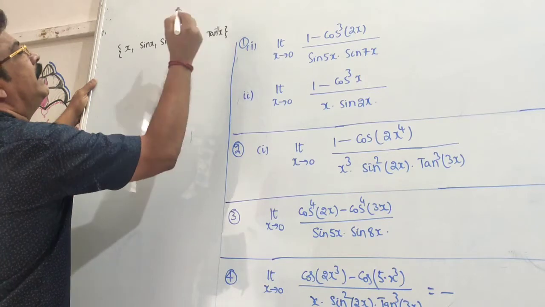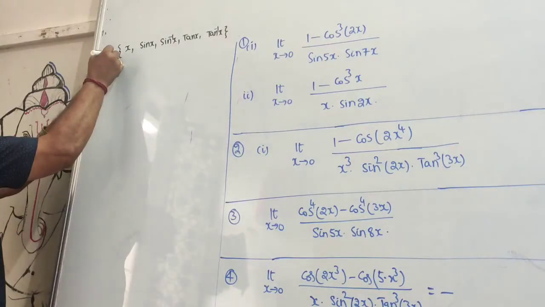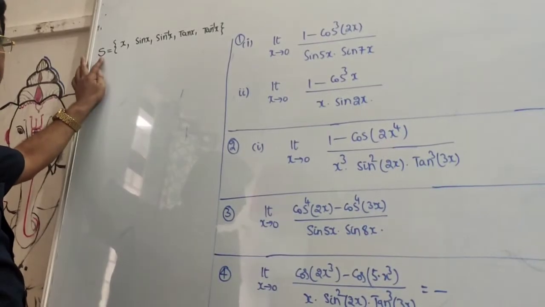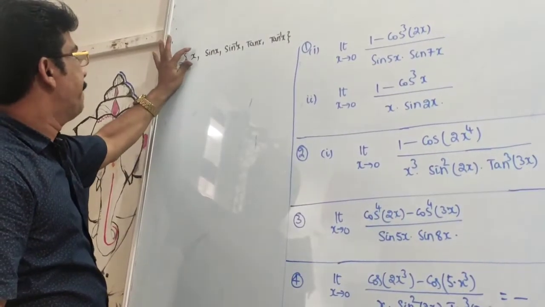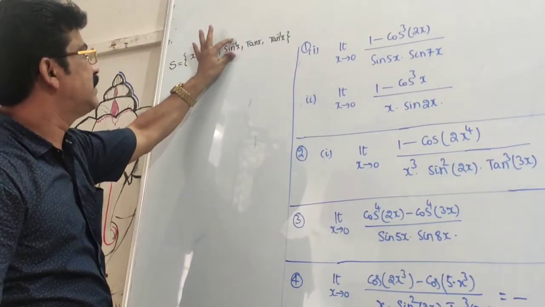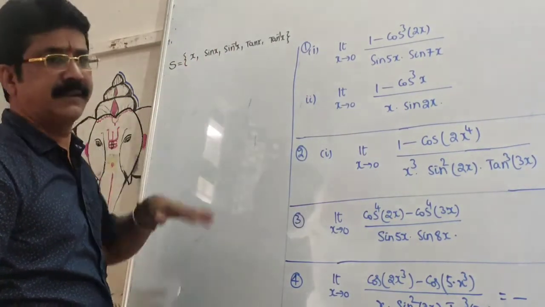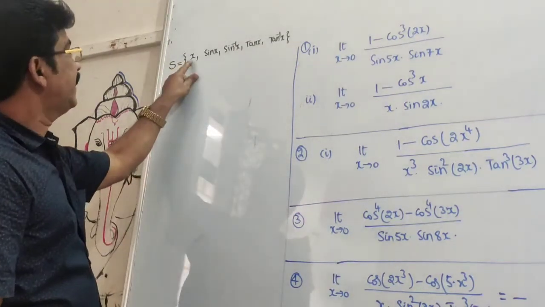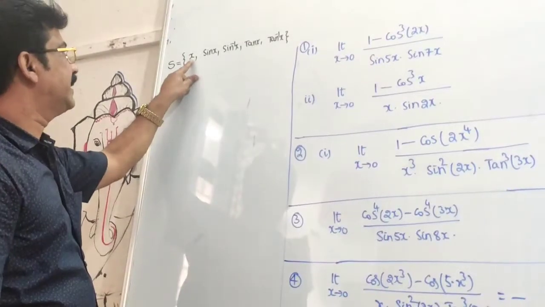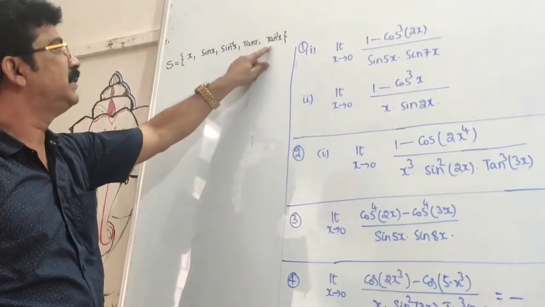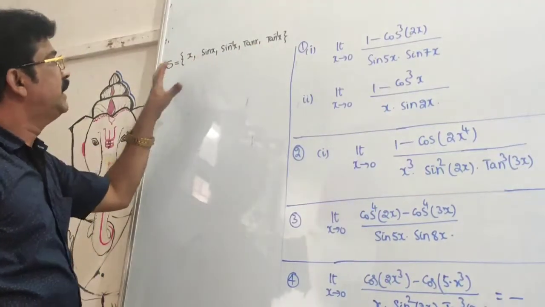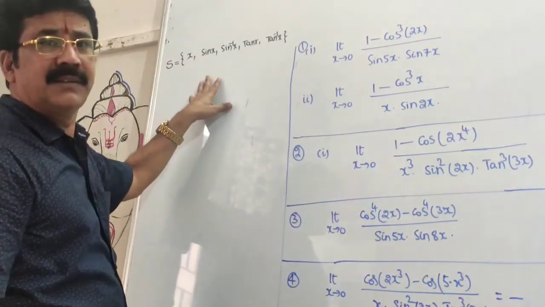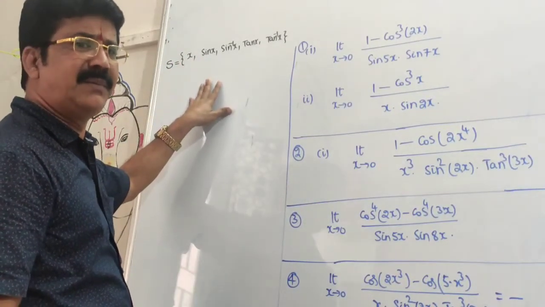Let this be the set S. Yes, the set S will contain the functions x, sin x, sin inverse x, tan x, tan inverse x. Here one doubt will arise. What is the need of taking particularly x, sin inverse, tan inverse? But why are we not taking cos and cos inverse x? This is the main doubt.